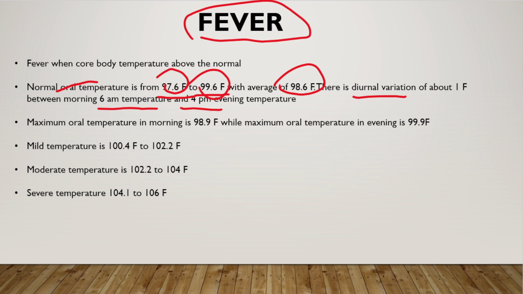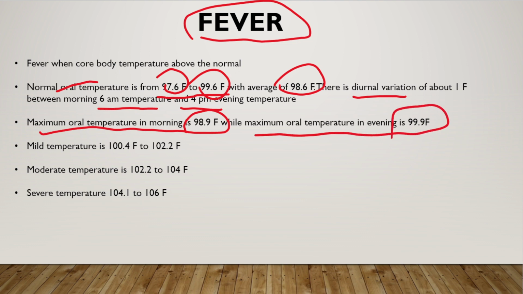The maximum oral temperature in the morning can be 98.9, while the maximum oral temperature in the evening can be 99.9. So any temperature above 99.9 will be considered a fever. Mild fever is 100.4 to 102.2.